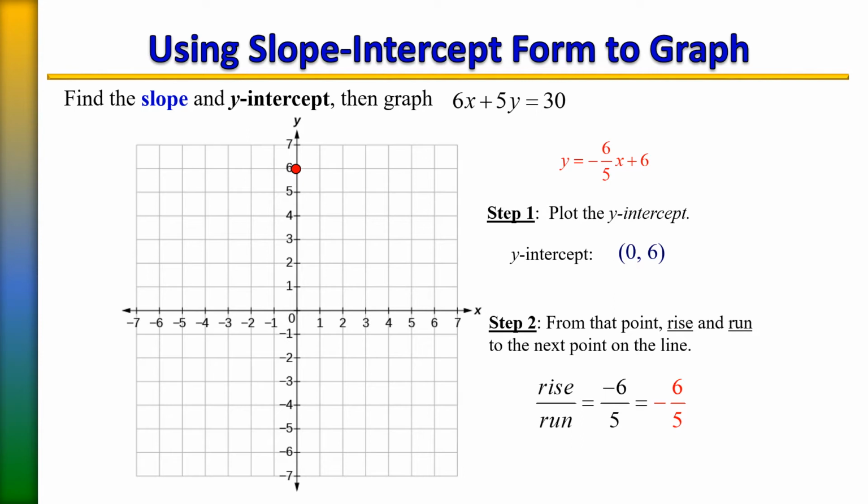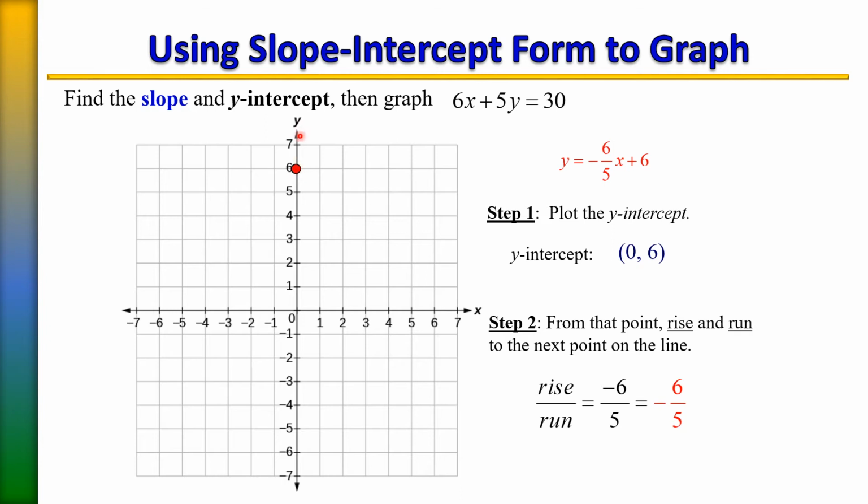And so you would either do a negative up top and a positive down below, such as you see here with the slope, or you could write it as a positive 6 on top and a negative 5 on the bottom. Now, if I were to write it as a positive 6 up top, that means from the y-intercept, I would have to move up 6.